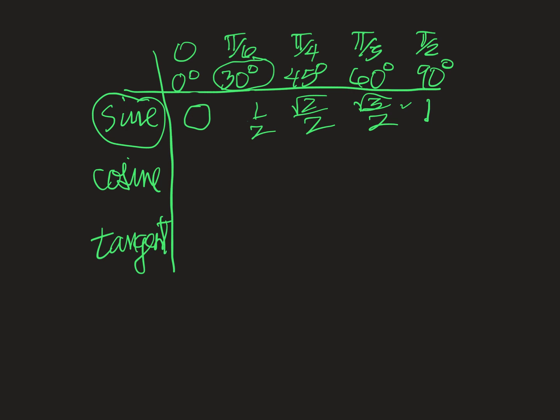Because the cosine of 30 is equal to the sine of 60. Sine and cosine of complementary angles are equal. That's what cofunctions are, all right? And in fact, because of that, all I have to do is write these numbers in reverse.